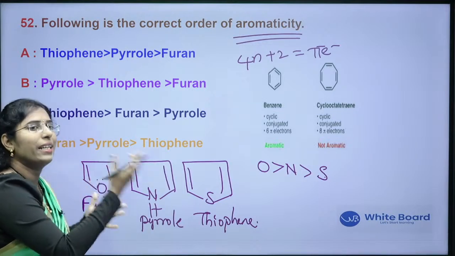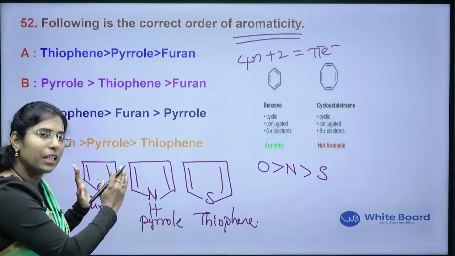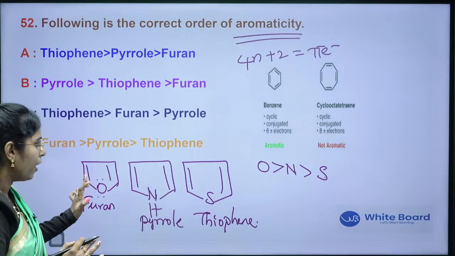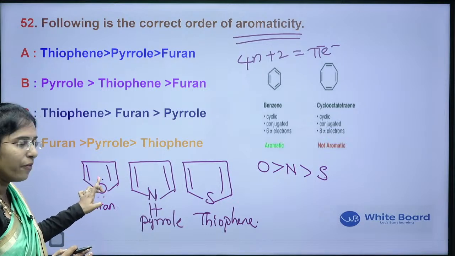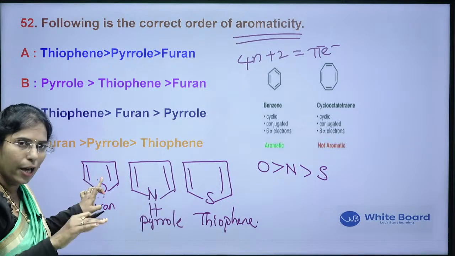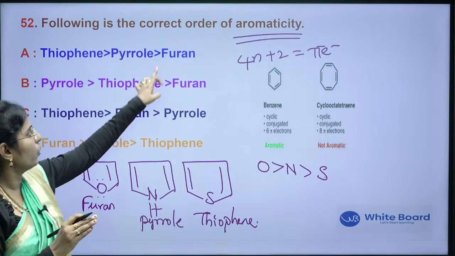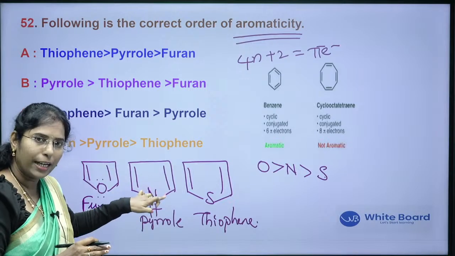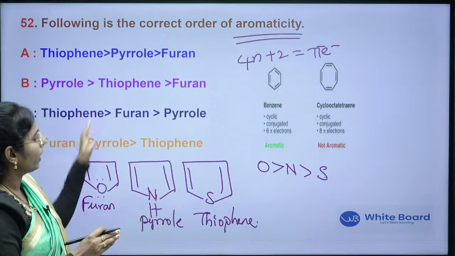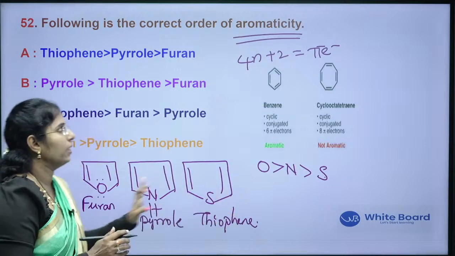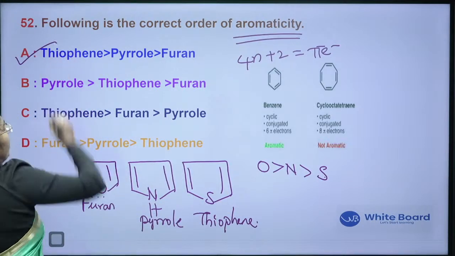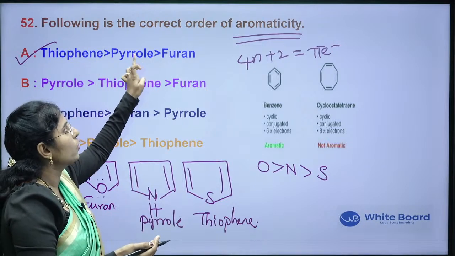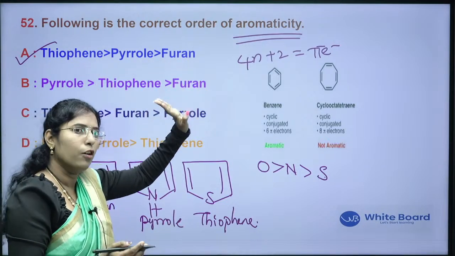It is contributing, but it will not give readily. Therefore, furan will have less aromaticity. Next comes nitrogen, that is pyrrole. Next comes thiophene. So, the correct option will be: thiophene will be more aromatic, next comes pyrrole and next it will be furan.